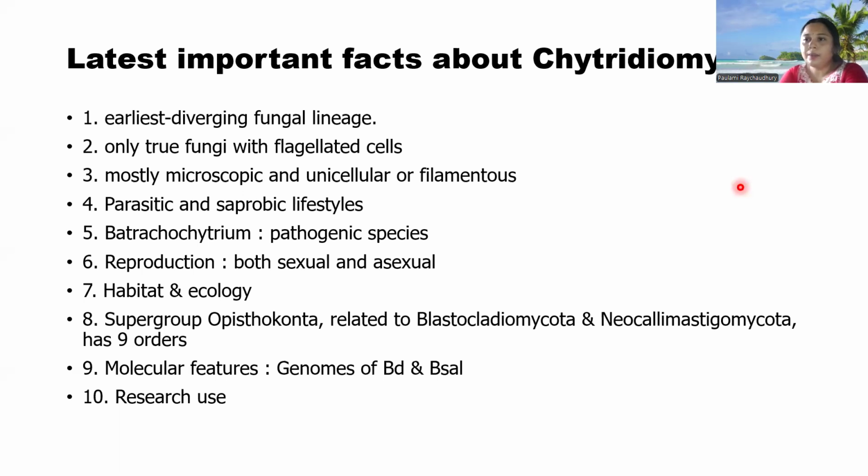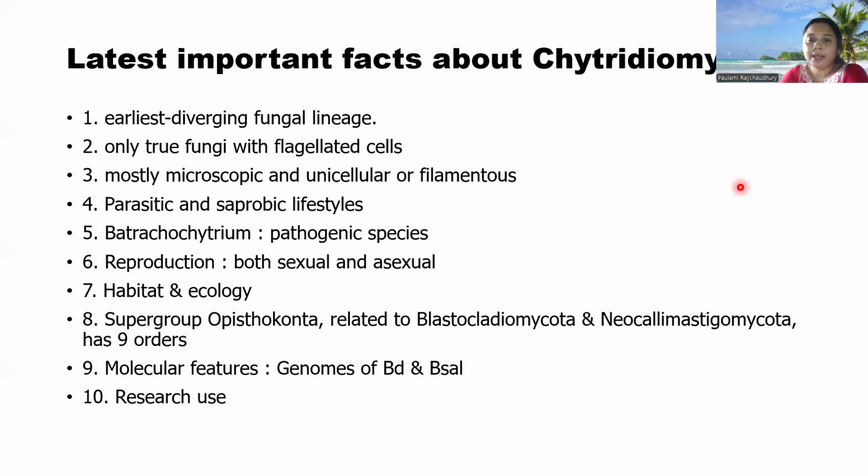As I have told, Batrachochytrium dendrobatidis is BD, and B. salamandrivorans is BSal. So BD and BSal have compact genetic codes with unique expansions of protease and cell wall modifying enzymes. They lack full mitochondria in some lineages, shared with Cryptomycota and Microsporidia.